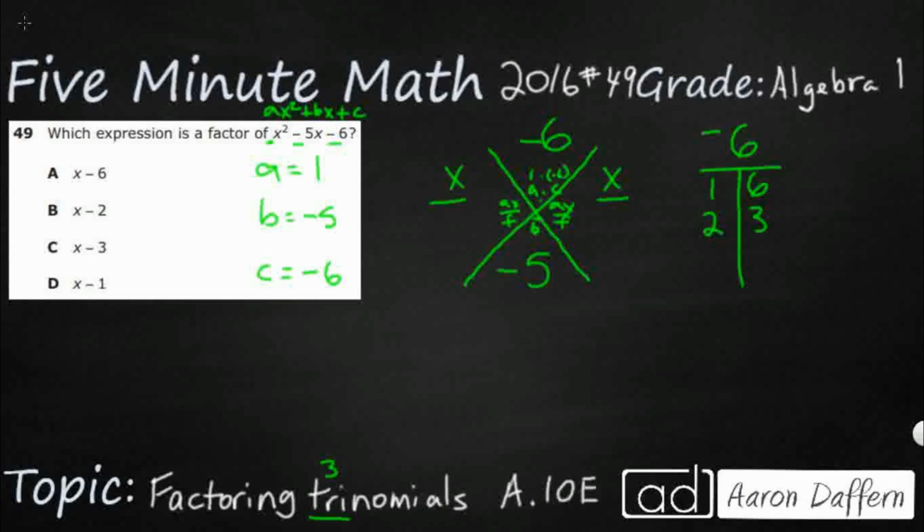Well, if I multiply 2 times 3, so 2 times 3 will give me 6, and I could do negative 2 plus negative 3, that'd give me negative 5, which is good, but the problem is if I multiplied negative 2 times negative 3, the two negatives would cancel out. That would give me a positive 6. So it's not going to work with these two.